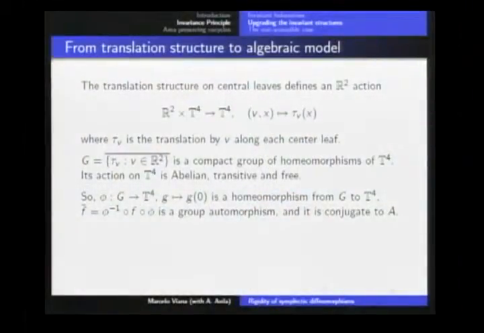So, if you associate to each element of the group a point of T4 by this formula, to take the element of the group and look where it takes the fixed point, where it takes Z, this is a homeomorphism from G to T4. So G is nothing else but the torus reborn as a new group.